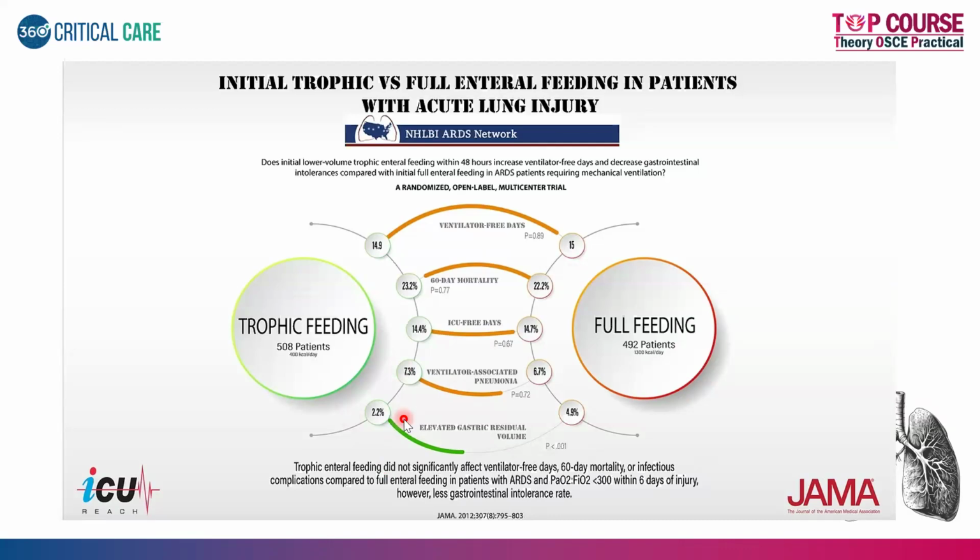So by and large, the take home in this particular topic, that is nutrition in ARDS, like in any other patient with critical illness, think about starting feeds as early as possible. You need not start by reducing the calorie intake on day one. There have been a lot of suggestions or implications of a carbohydrate reduced diet, etc. But overall, it has not been shown to have any implications on the outcomes in patients with ARDS.